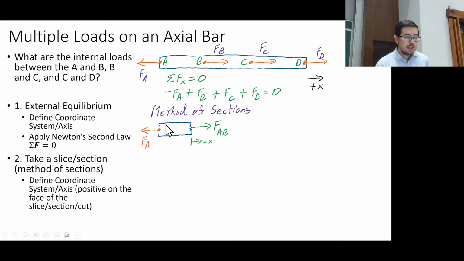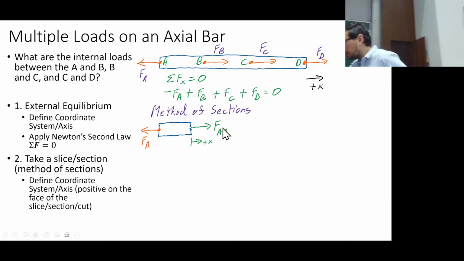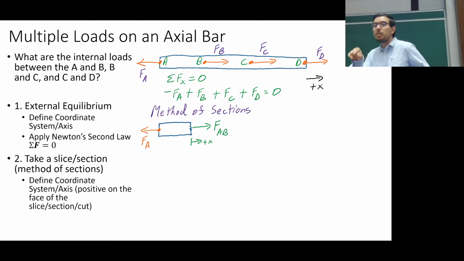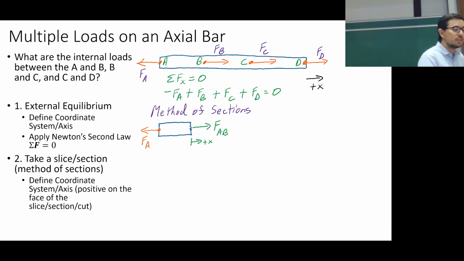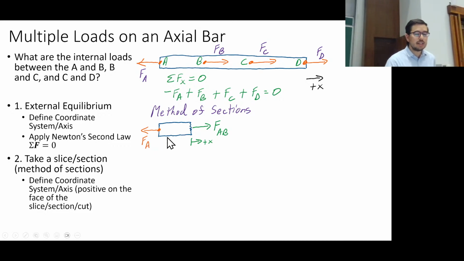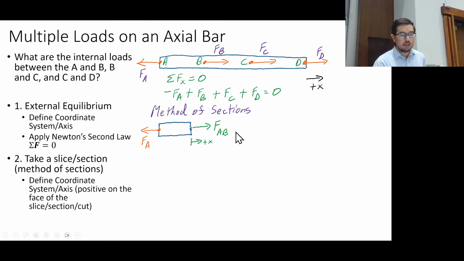So you see this FAB. Often, or sometimes, we'll use a subscript with two letters to indicate that that's an internal force. This FA is an external one. So now we have only these two forces here. And so if I know FA, then I know FAB.